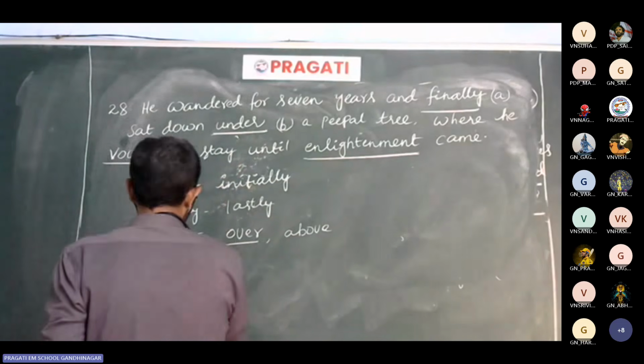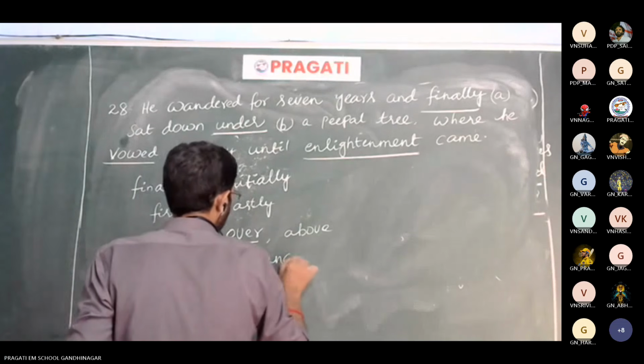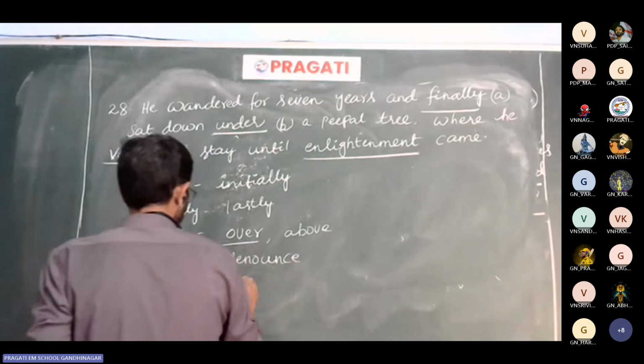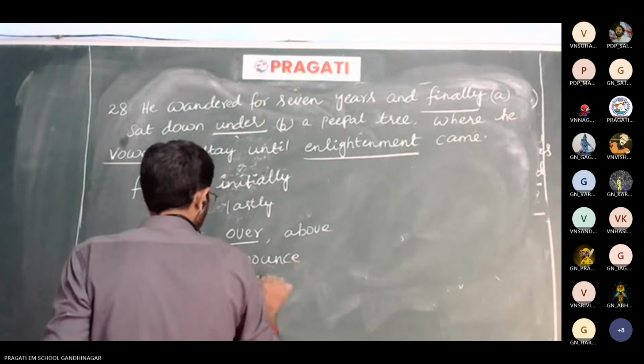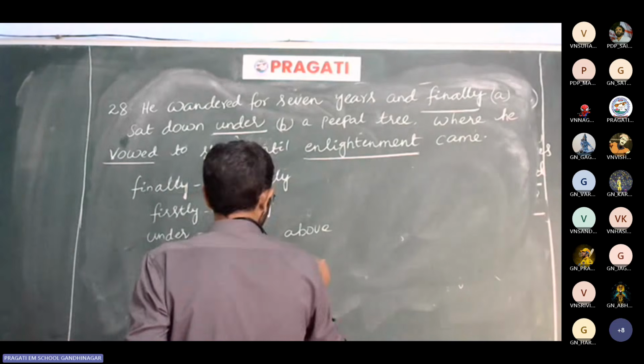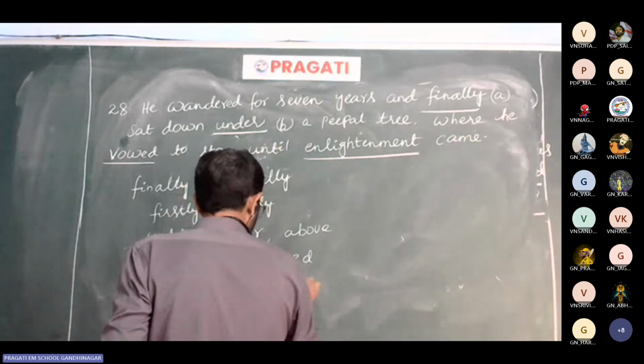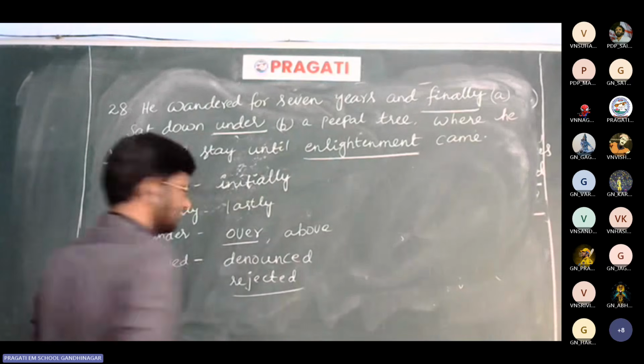So its opposite can be denounce or reject. Since it is a verb, vowed, you have to write denounced or rejected.